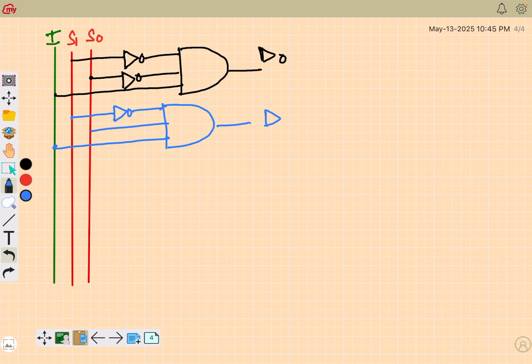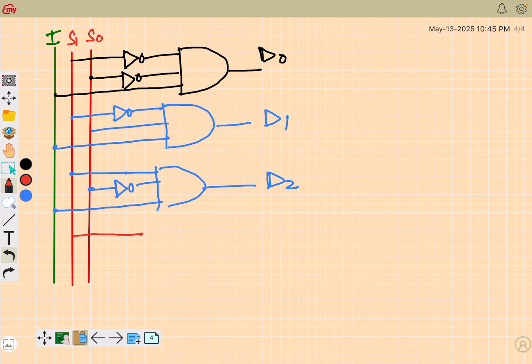This will be my D1. For D2, S1 will be direct, S0 through a NOT gate, then an input from I, and this will be my D2. Likewise, you can have D3, where S1 direct, S0 direct, I combine them using an AND gate. So this will be my D3. So this is the gate level architecture of a demultiplexer.